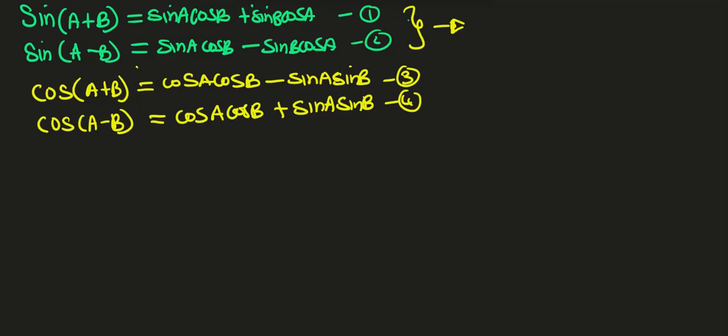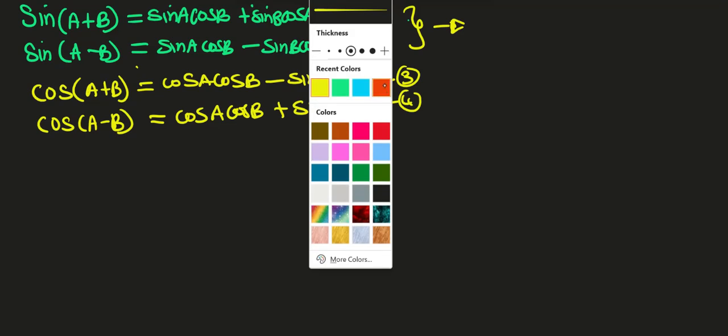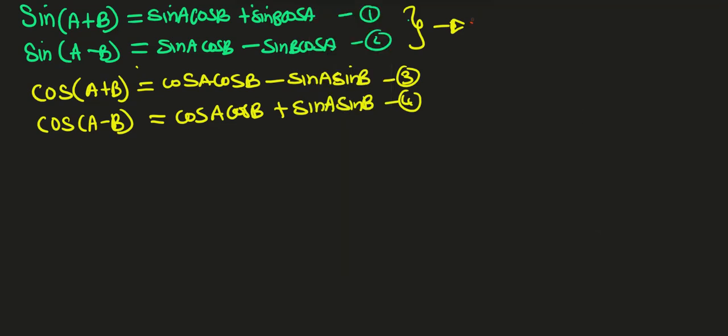I'll add equation 1 and 2 to come up with a new identity. When we do that, it becomes sine A plus B plus sine A minus B, because what I did there was I added this one and that one.